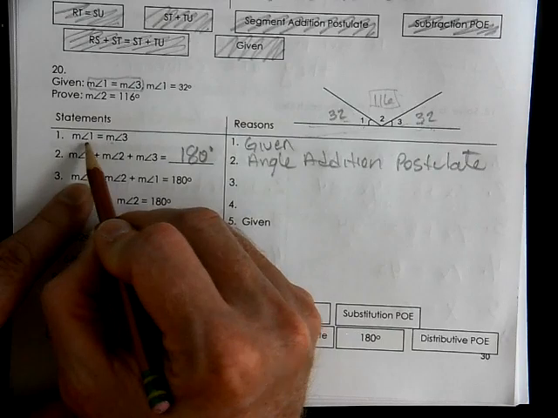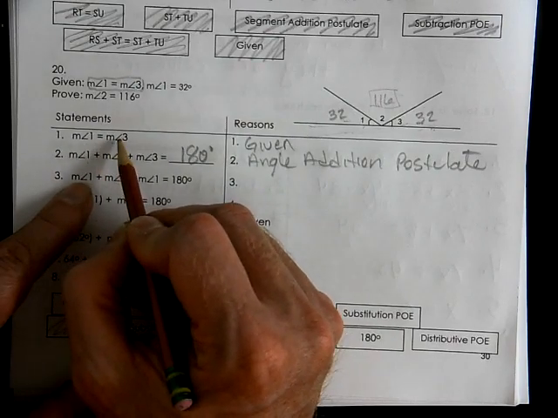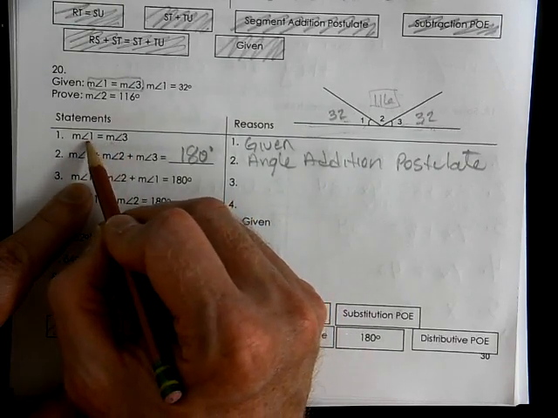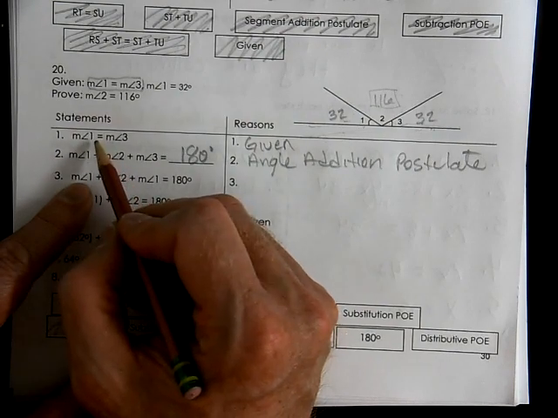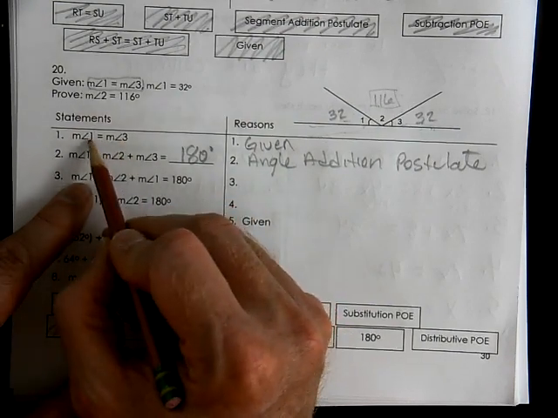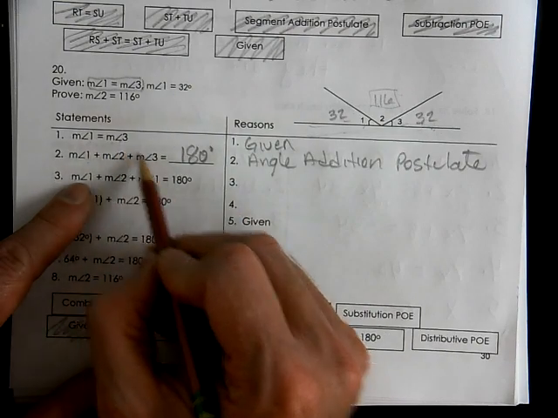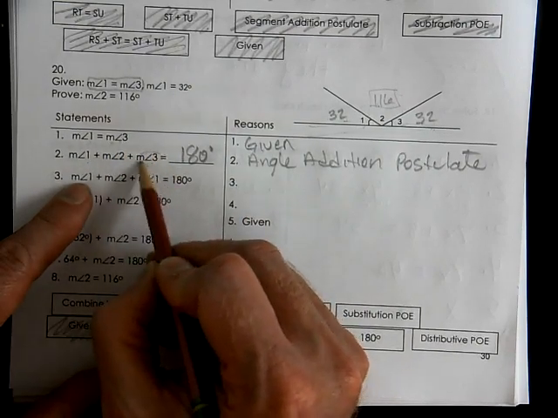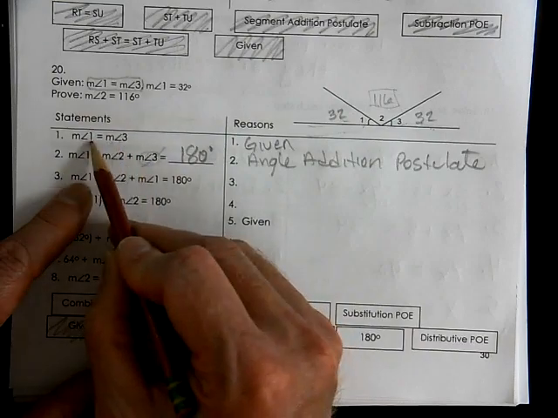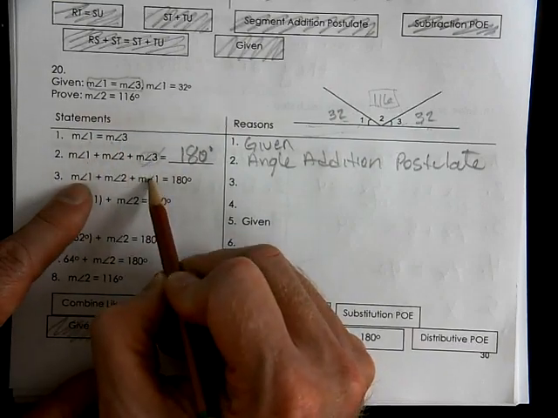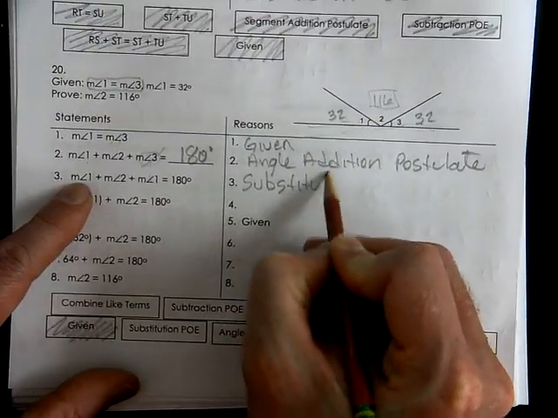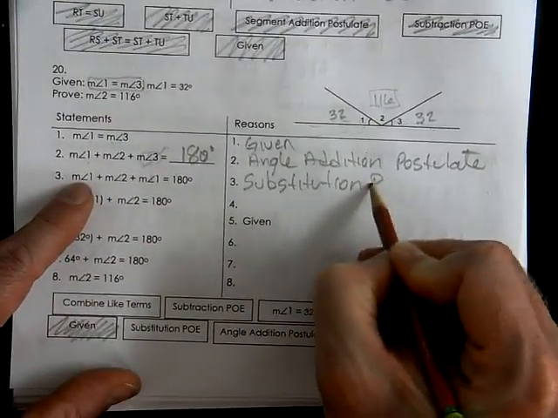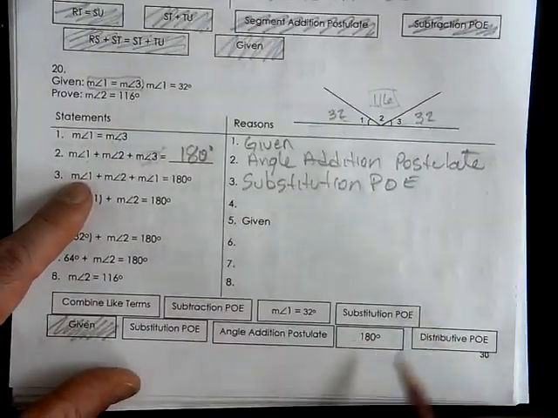Now we know that 1 is the same thing as 3, or 3 is the same thing as 1. It really wouldn't matter which way we go, but 1 is the same thing as 3. So we're going to take the 3 out of here, and we're going to put the 1 in its spot. That was substitution, property of equality.